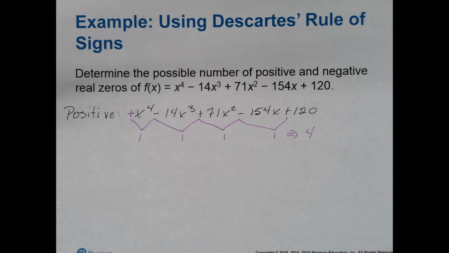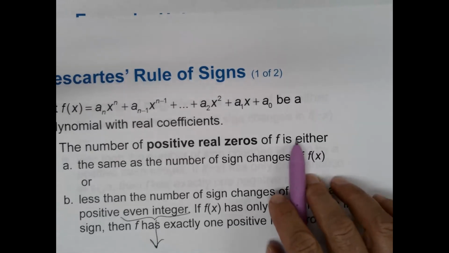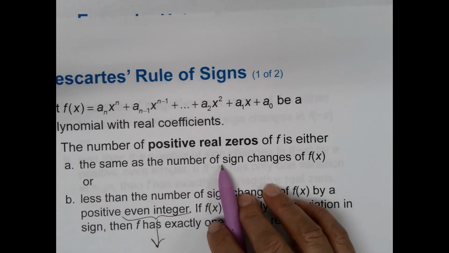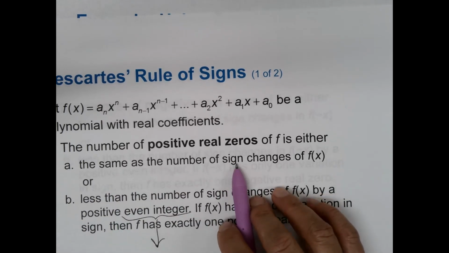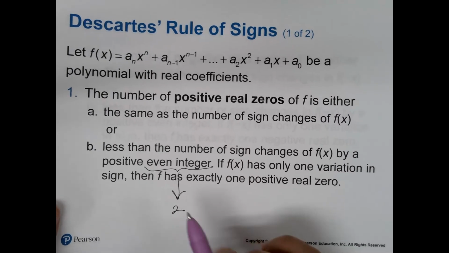So Descartes' rule of sign says this. The number of positive real zeros of f is either the same as the number of sign changes, that's what we just found, or less than that by multiples of 2.